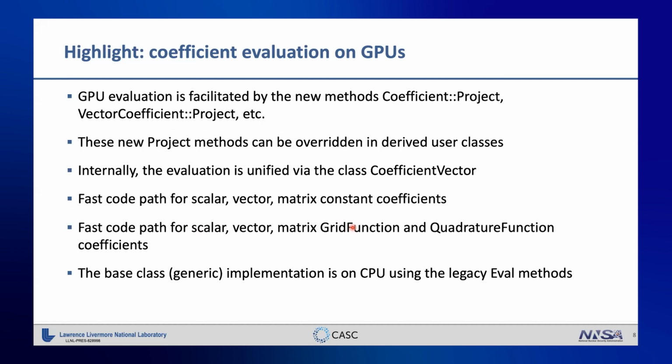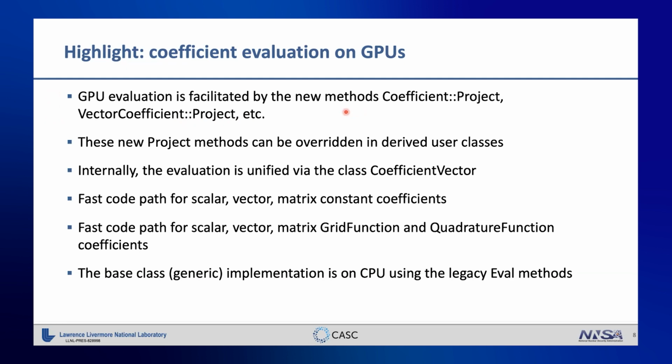So right now, what we did really is something simple, I think, and easy to use. So it's an extension. If you have a coefficient, and we have a number of coefficient classes in MFEM, you need to define the project function, which basically will project the coefficient globally everywhere.